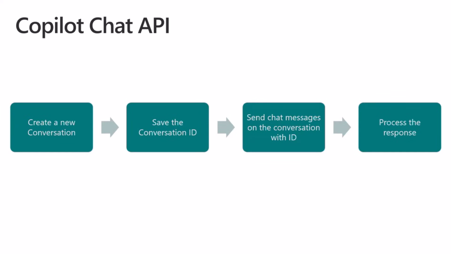So you create the conversation, you save the conversation ID somewhere, for example, in the state of your React component, if you are relying on React in your web part implementation. And then whenever you send a chat message, you provide the conversation ID within the content of the chat message to instruct the Copilot API about which chat conversation you want to target.